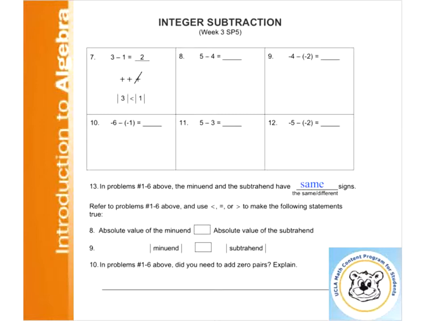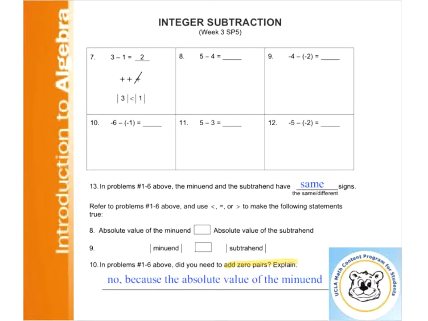And the reason why we didn't need any 0 pairs is because the absolute value of the minuend is greater than the absolute value of the subtrahend. There's no need for me to build any zero pairs. I have enough in my minuend to subtract.